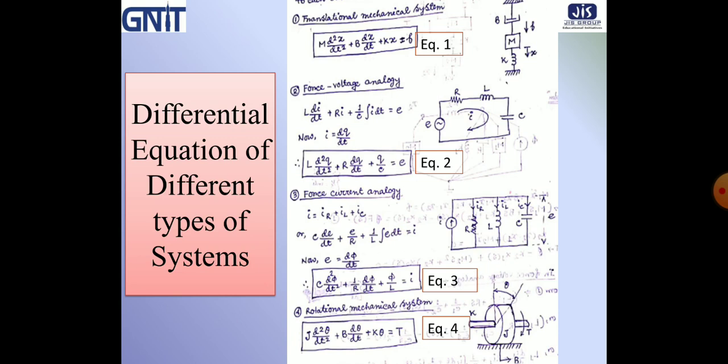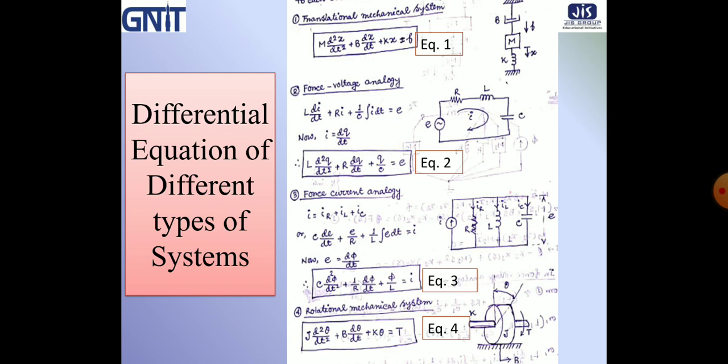For mass, the force will be m d2x dt square, for damper the force will be b dx dt, and for spring the force will be kx.